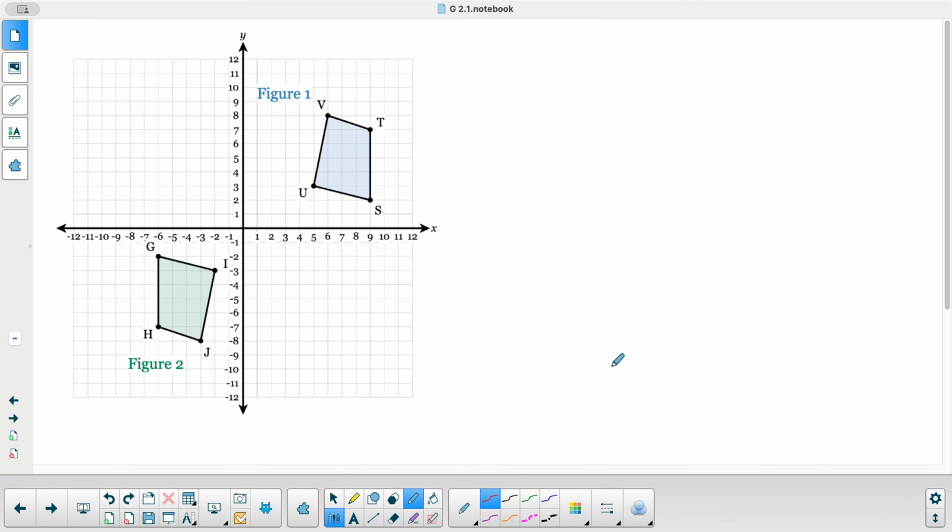Another one here. Let's make a congruent statement. So I'm going to use rigid motion here. So I'm going to trace this as best I can. Let me start over on that. So figure one, let's trace this one.